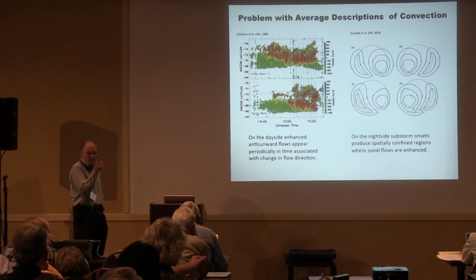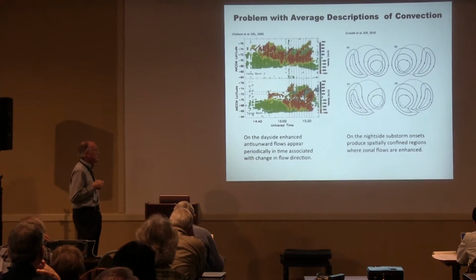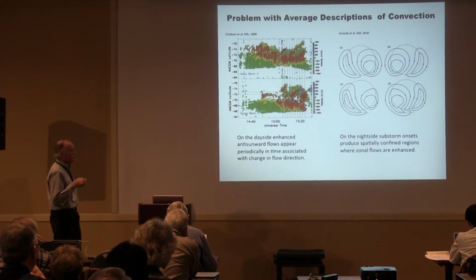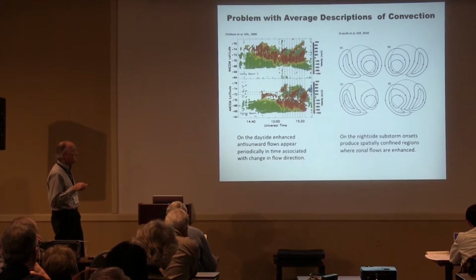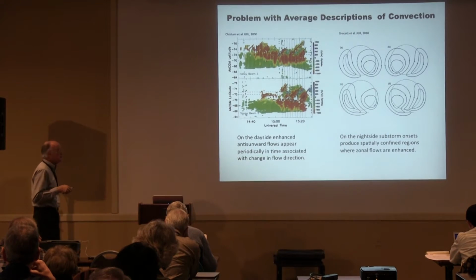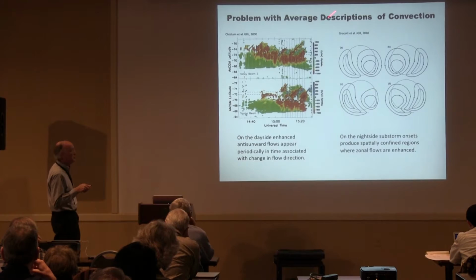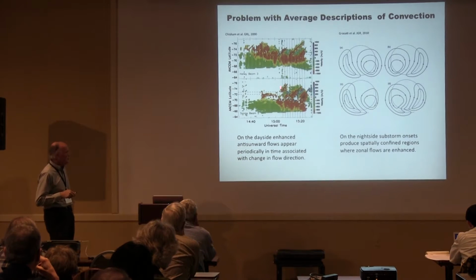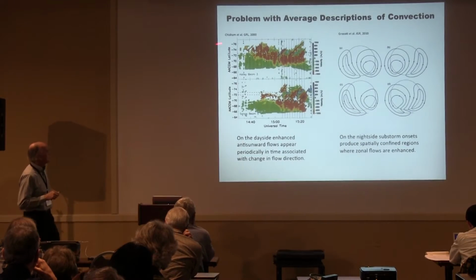And when we have the opportunity to look at those Doppler-shifted echoes across the day side, what we find is that rather than a uniform flow that just goes poleward, that flow is intermittent. It goes in flow bursts that last for 15 to 20 minutes, where the flow is quite large, and then the flow is abated. And you can see this in multiple beams in the radar. This is just one example that I picked from a publication by Chisholm.